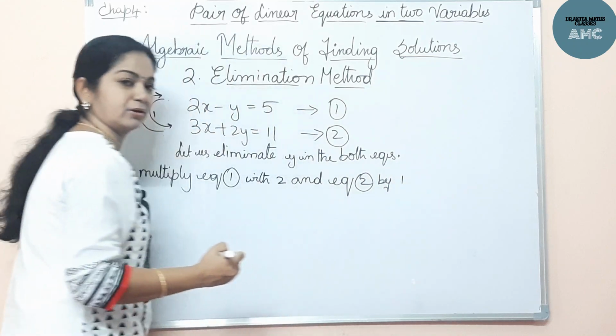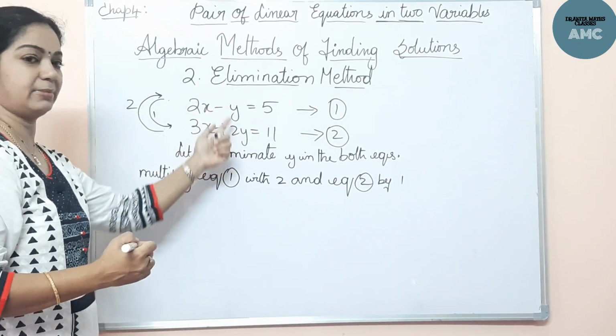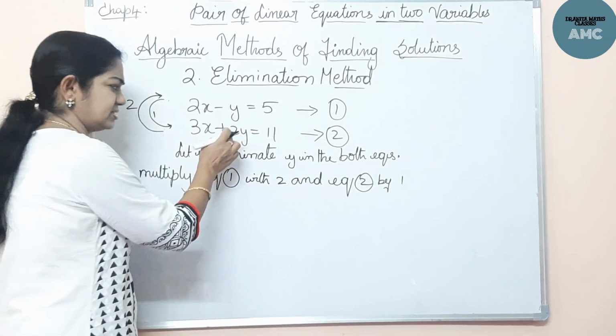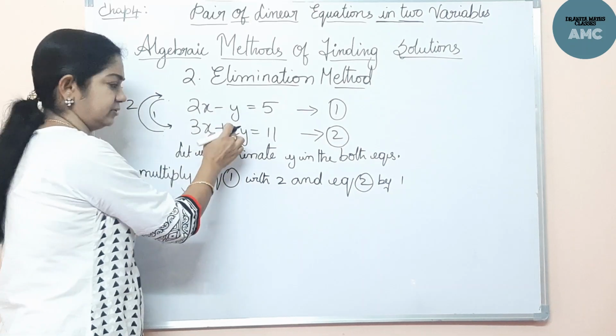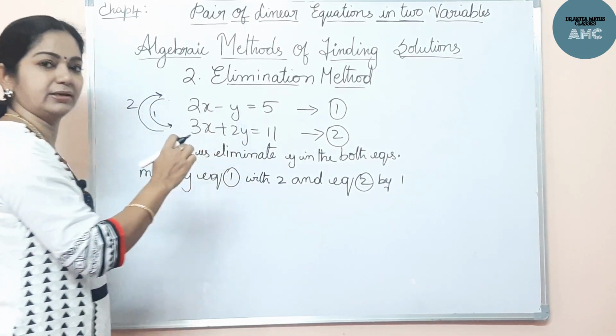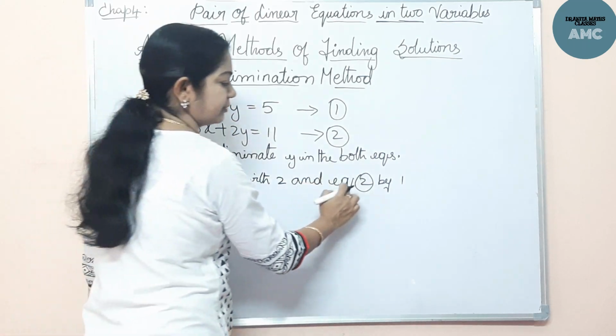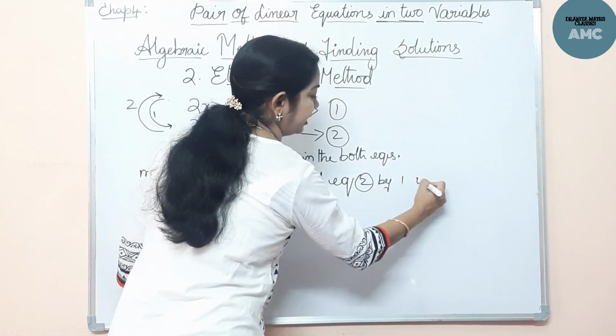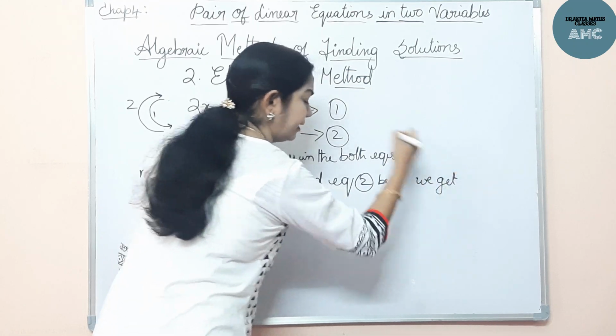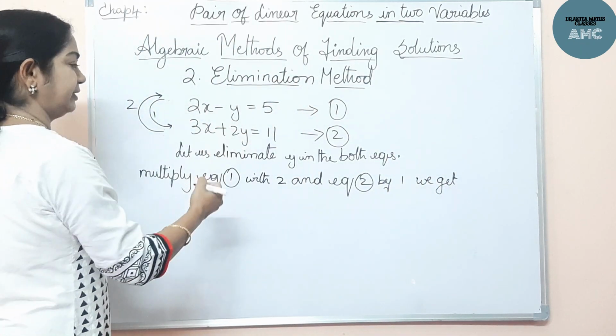No need of minus 1 because the minus and plus get cancelled. So if you multiply the coefficients, it will be the same. Multiplying equation 1 with 2 and equation 2 by 1, we get another two equations, let that be 3 and 4.